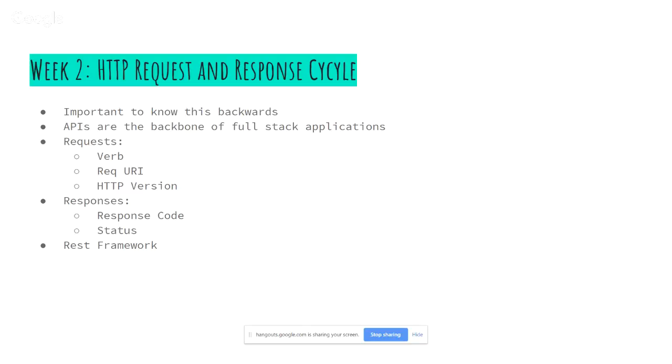Another important point I touched on is to understand what REST is. That's representational state transfer, and essentially this is a protocol or a set of rules for how a server and a client would talk to each other.